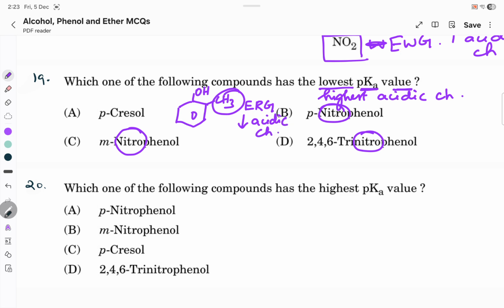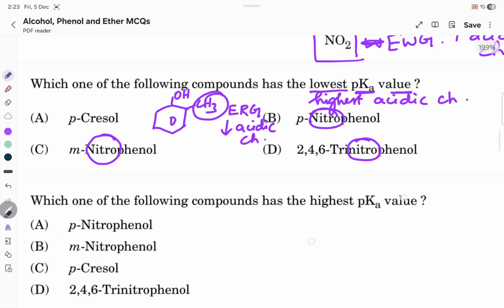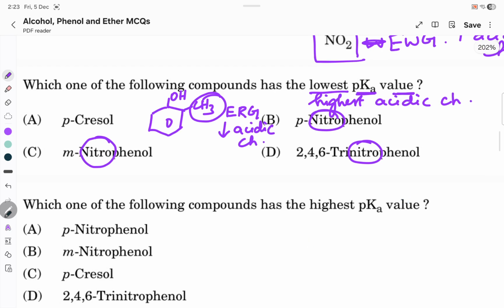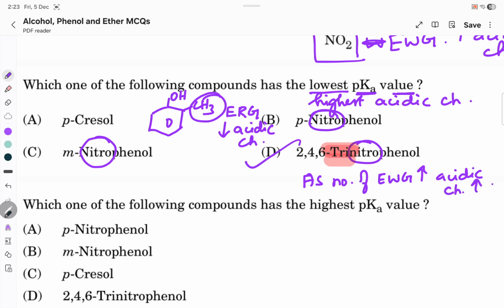Now option C, B or D. If I check B, C and D, in option D we have trinitrophenol. As the number of electron withdrawing groups increases, acidic character increases. So obviously D will be the correct answer, because we have 3 electron withdrawing groups in option D.